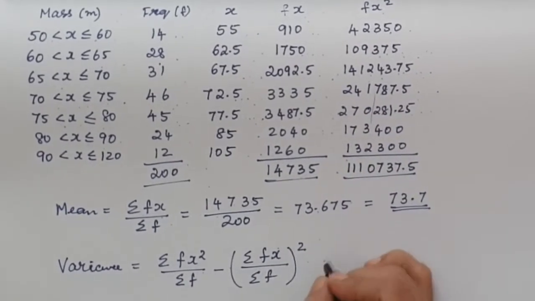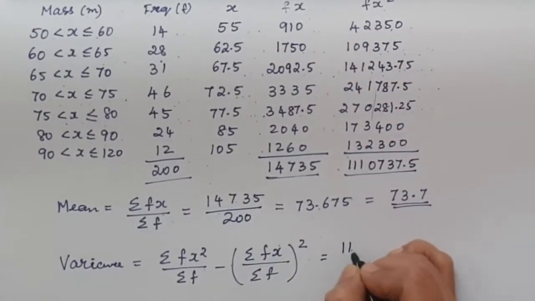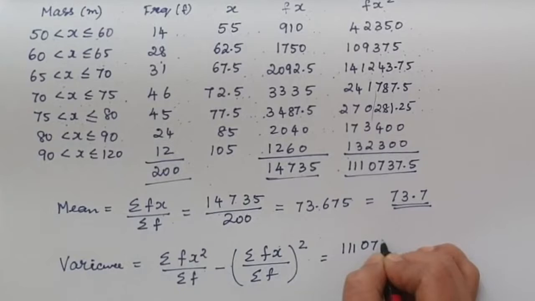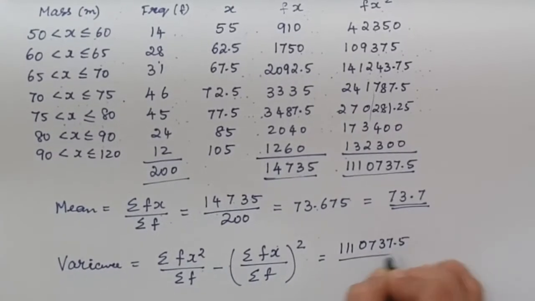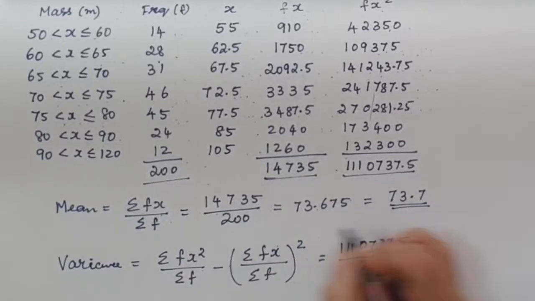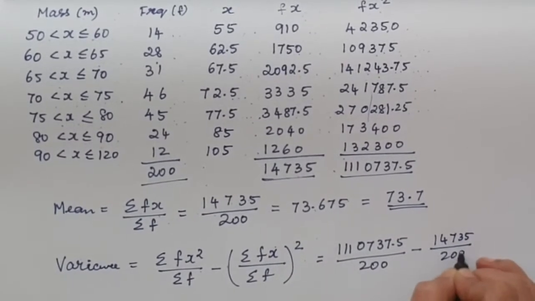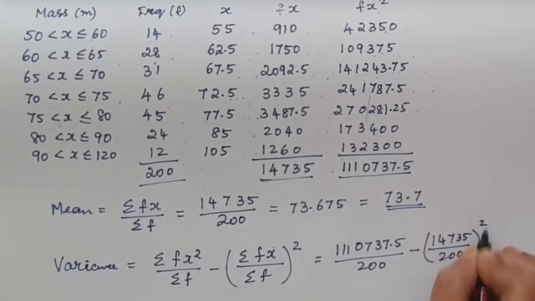Now we'll replace in our formula. This is fx squared, so we'll write 1110737.5 divided by 200 minus 14735 divided by 200, the whole squared.